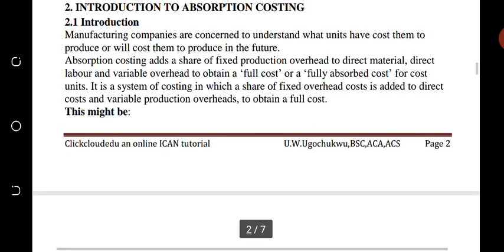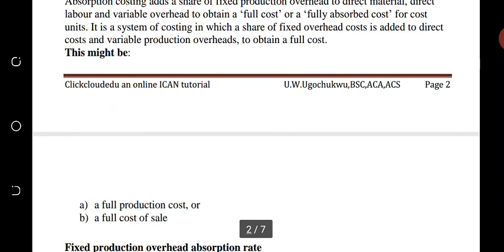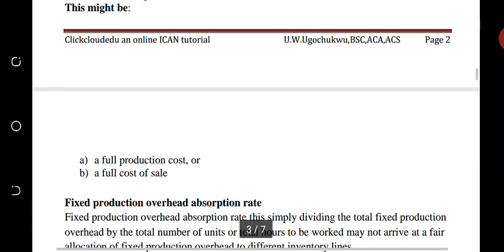Now, absorption costing is talking about the addition of our direct labor, direct material, and variable overhead. When you add it together, you now have to add the share of fixed production overhead.